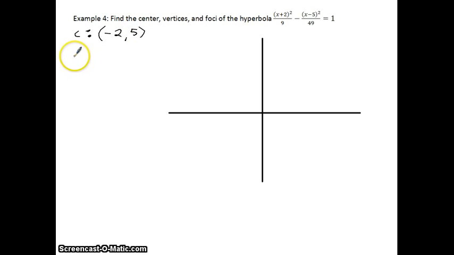Then we have the squared term over the x squared, so that means a squared is 9, and b squared is equal to 49. This tells me that my transverse axis is going to be parallel to my x-axis. Let's go ahead and plot the center and the a and the b values, and get a visual of the hyperbola and then come up with the vertices and foci.